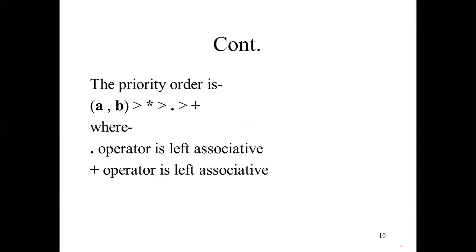Now the priority order: how are we going to provide the priority? First we give priority to A and B, the operands, because without the operands we cannot use the operator. These are the operands and these are the operators: star, dot, plus.